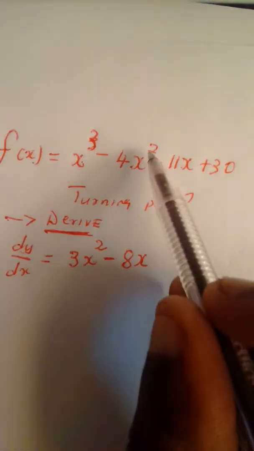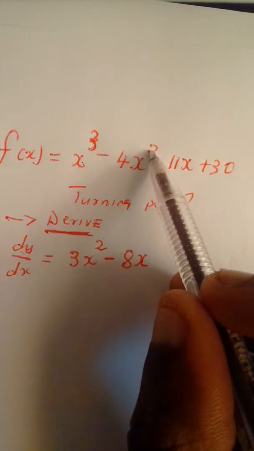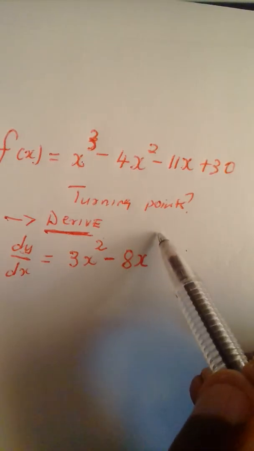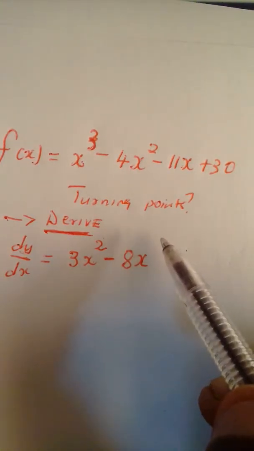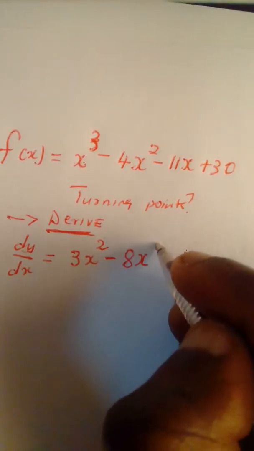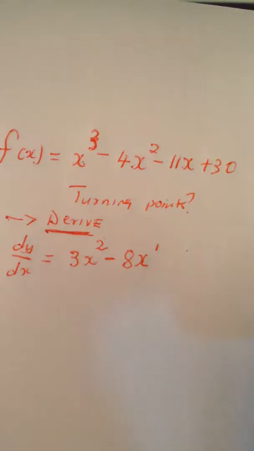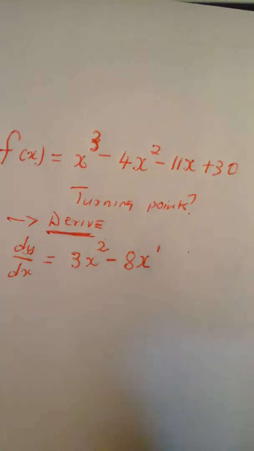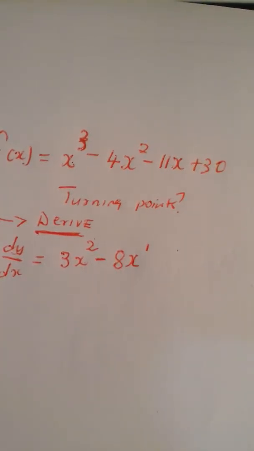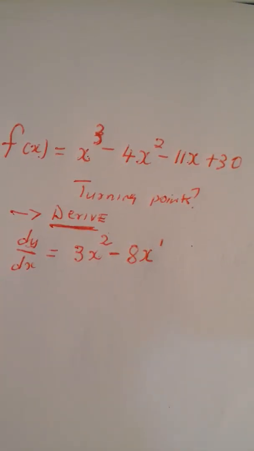Our exponent is 2, we subtract 1, and we're left with 1. I won't write the exponent of 1, guys. Or let me just write it and say negative 8x to the exponent 1. But in the exam room, don't write this exponent 1. I just wanted you to have an idea of what the derivative of negative 4x squared is.